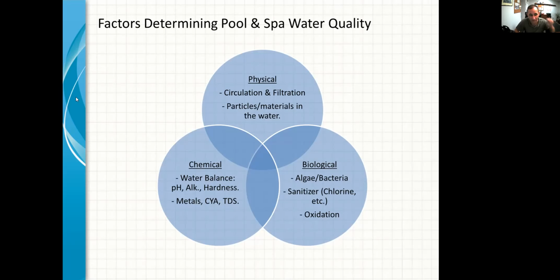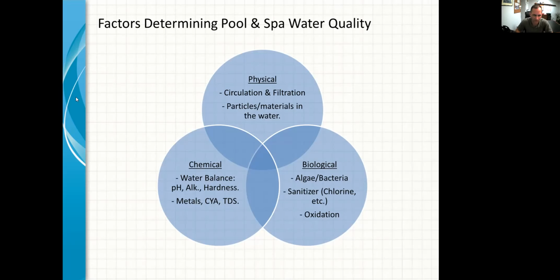And then the other biological factor is oxidation. After things in the water get killed, they have to be oxidized as well, which means they get broken down into smaller compounds and eventually filtered out, or just broken down and dissolved into the water.